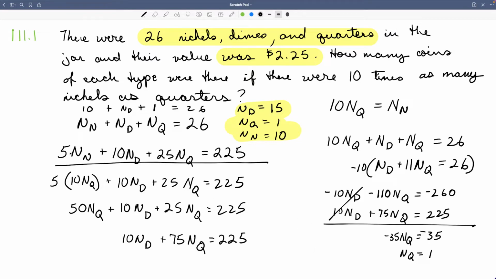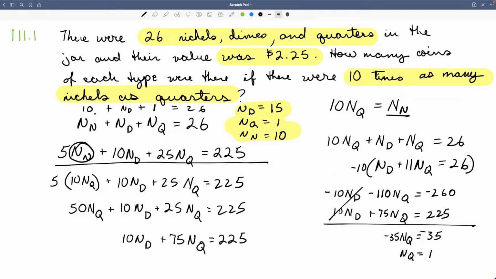So what I did was we found this bit right here. There were 10 times as many nickels as quarters. That allowed me to create this equation, which created a substitution value for NN. Then I was able to take that and drop it in here, and somewhere else.